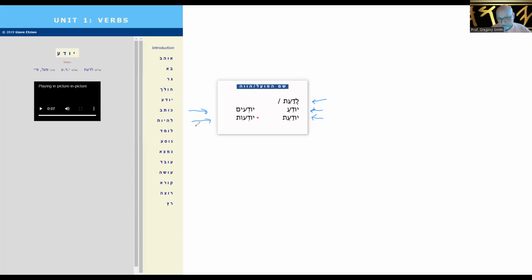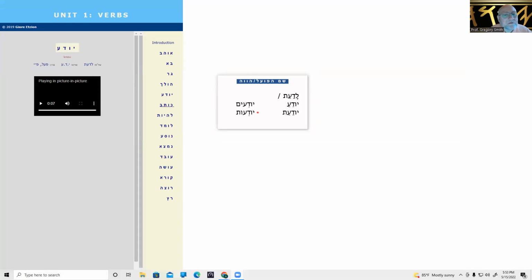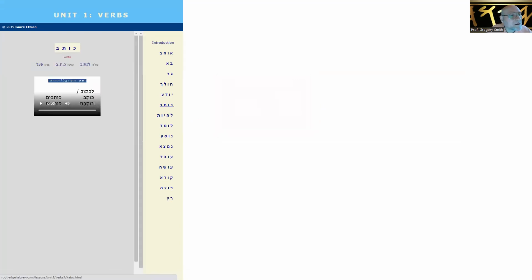It's all females. Yodaot. So that's kind of how these verbs are set up.